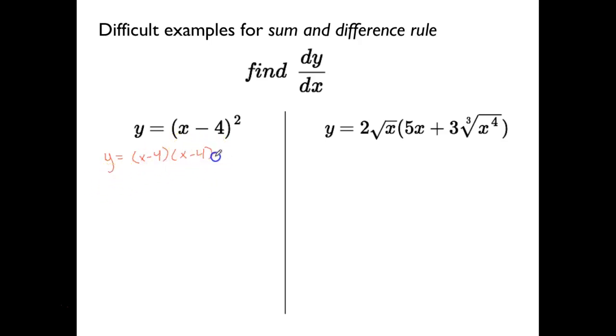So this is the same as x squared minus 4x minus 4x plus 16. Okay, and this can be rewritten as x squared, combine the like terms, negative 8x plus 16.